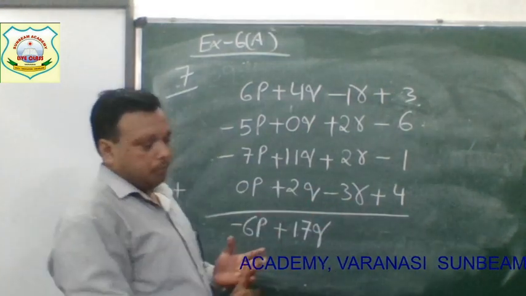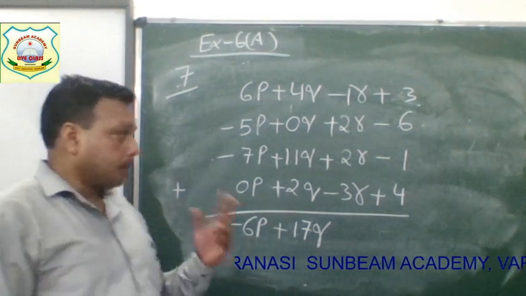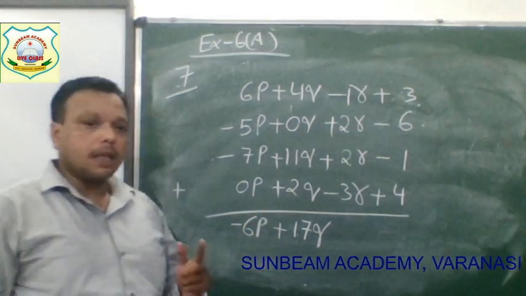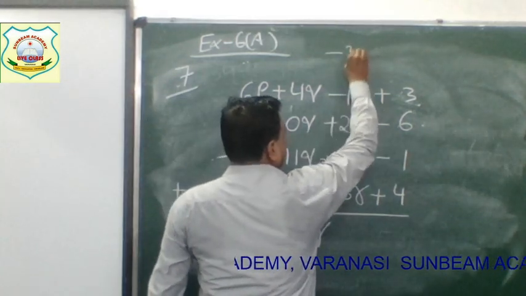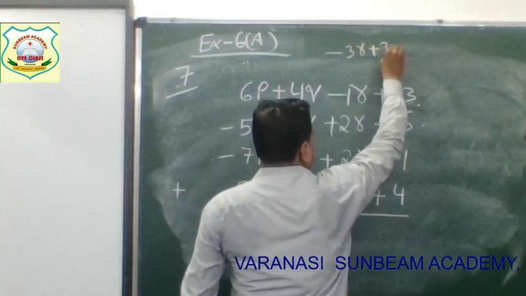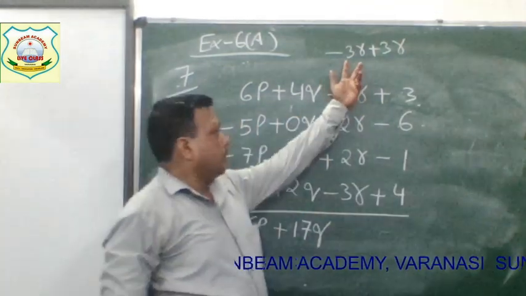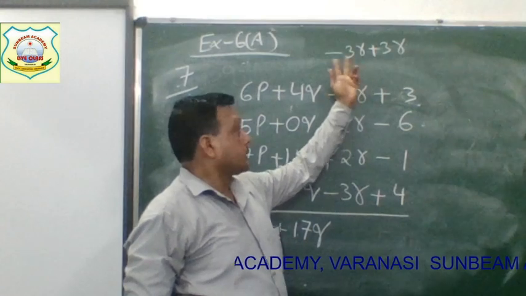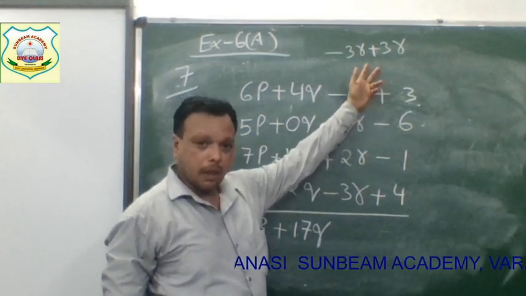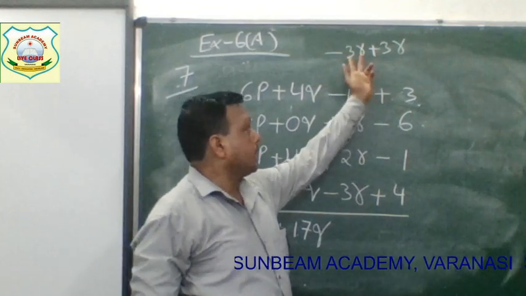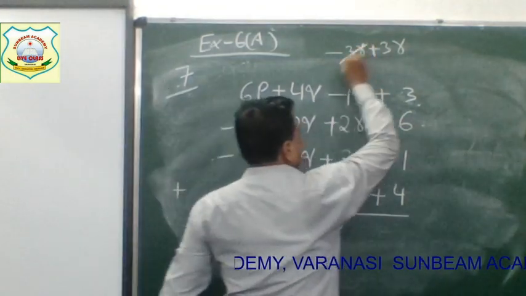If the variable is the same but the sign is different, the answer will always be 0. How? Students, suppose here minus 3r and plus 3r. What have we said? Variables are the same but signs are different, so minus and plus will cancel, that means 0 will come.